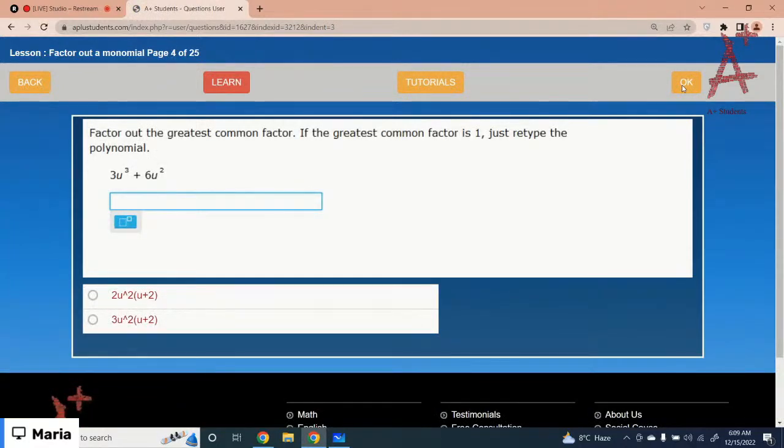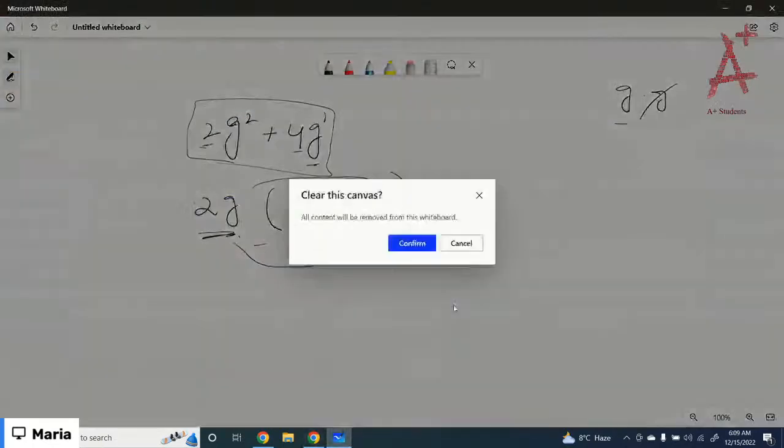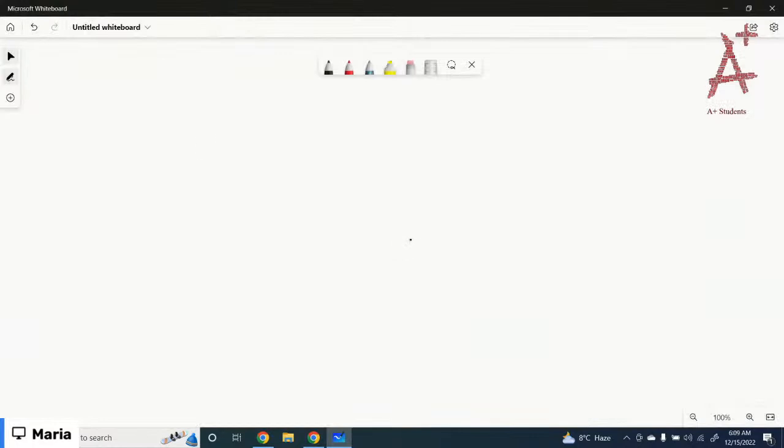Okay, the next one is 3u cube plus 6u square. Okay, which number is the common number? It would be 3. 3 is common, and you can take common the least power.